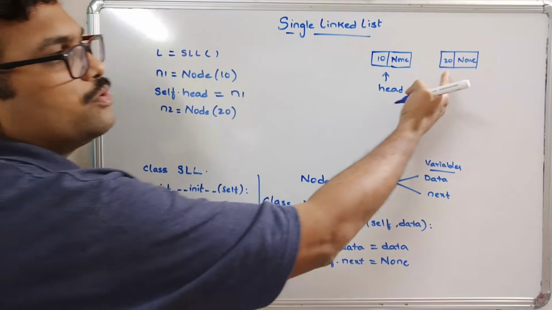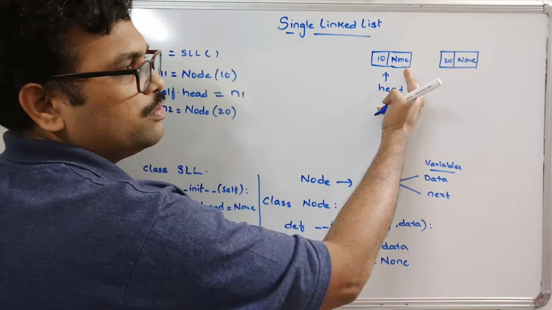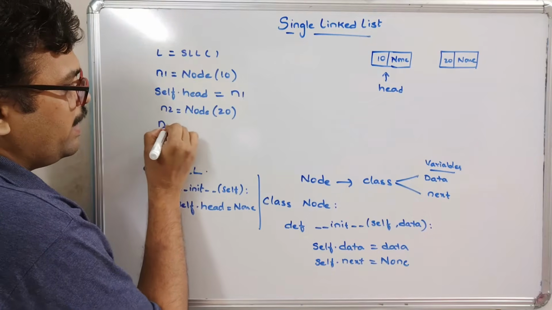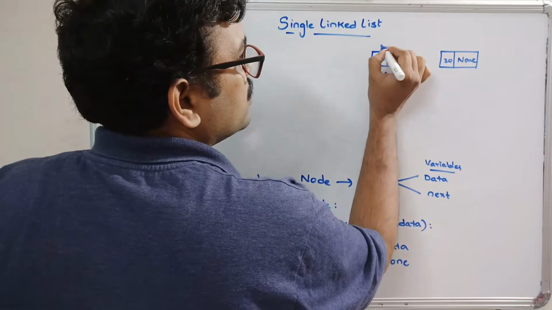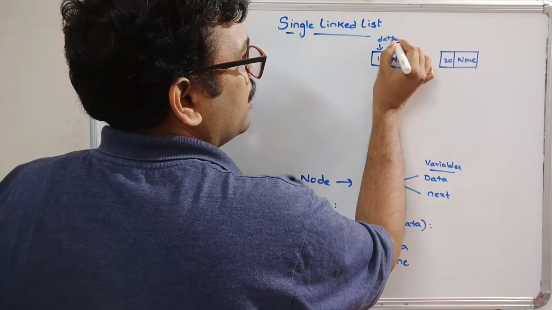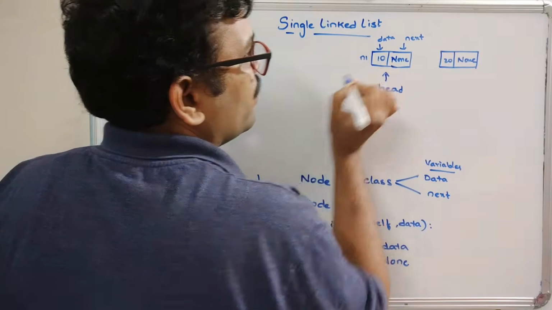Now we have to point the address of this node to the previous one. So this is the data and this is the next, this is N1, right?